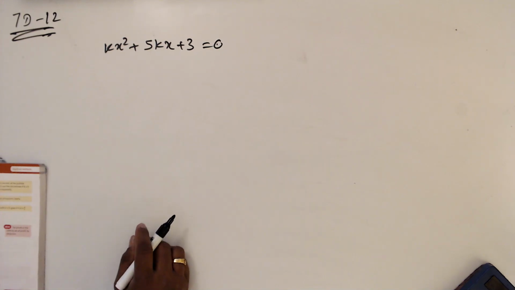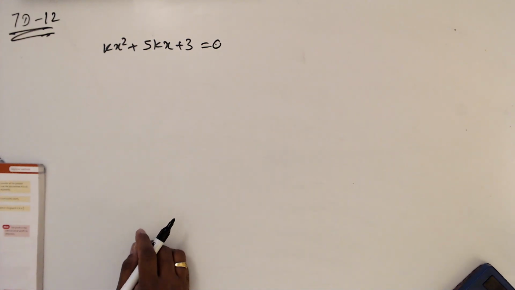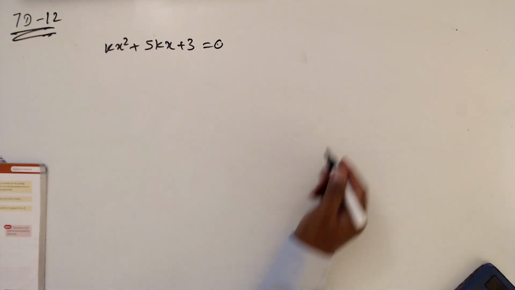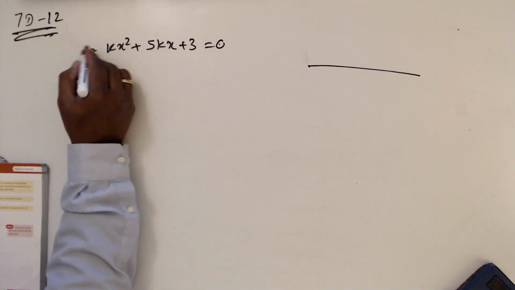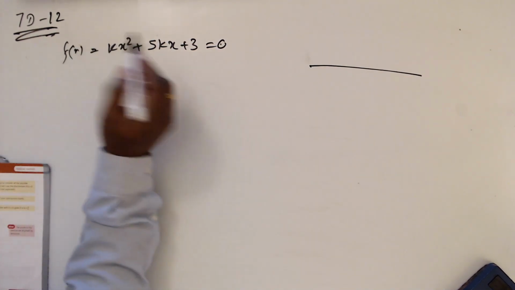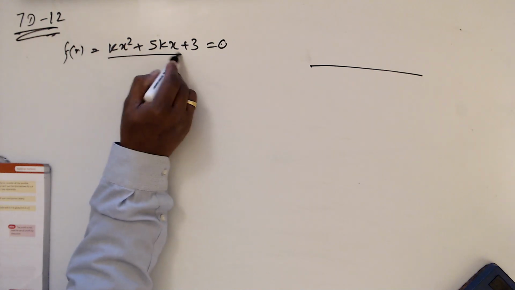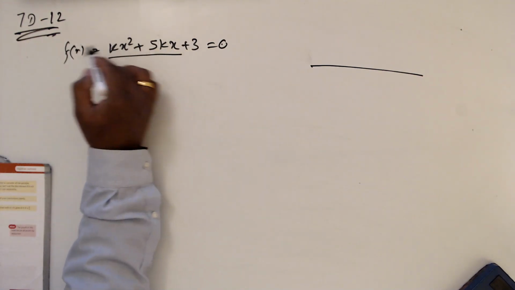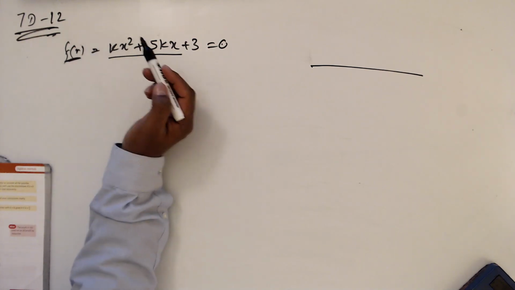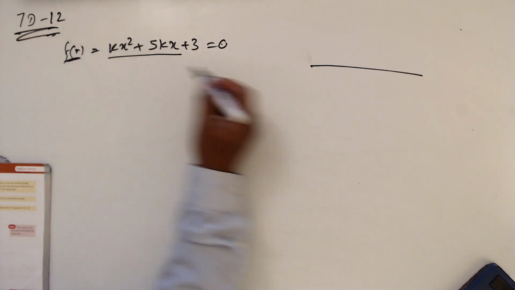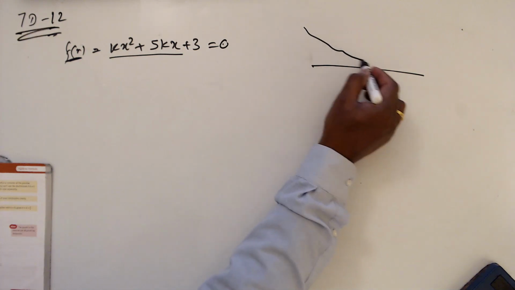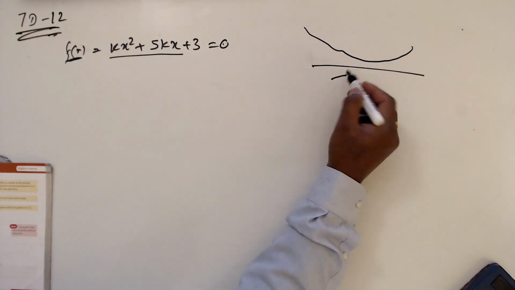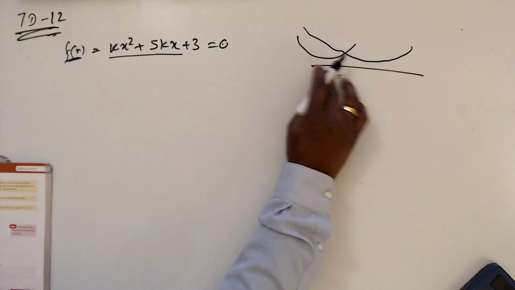So question number 12. This equation has no real roots. It means this is the f(x) y value, represented by the f(x) curve. It means this curve, whatever it is, doesn't cross the x-axis.